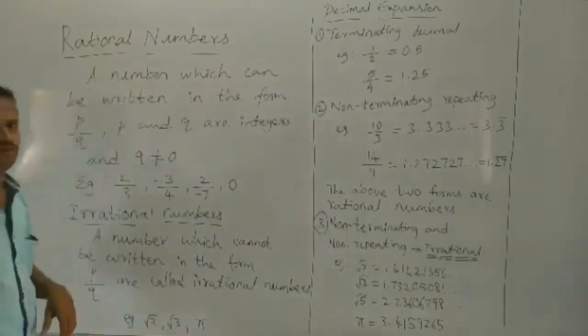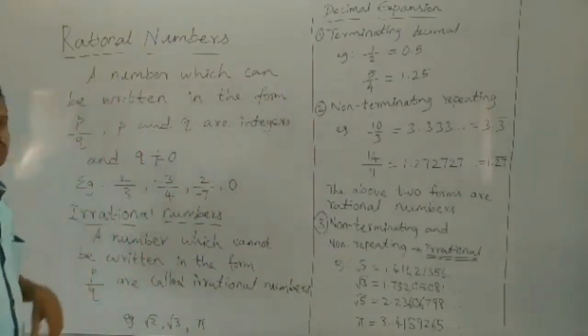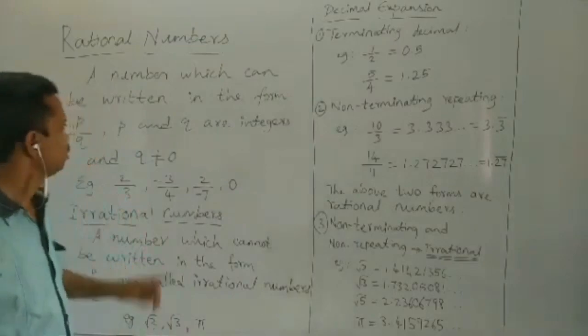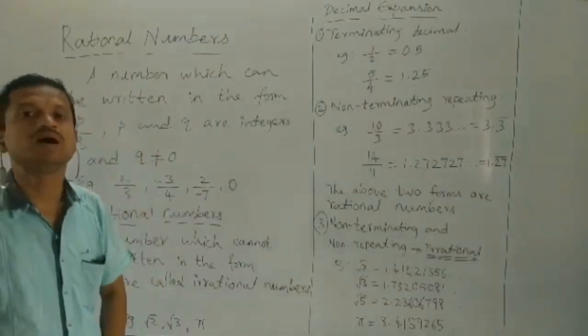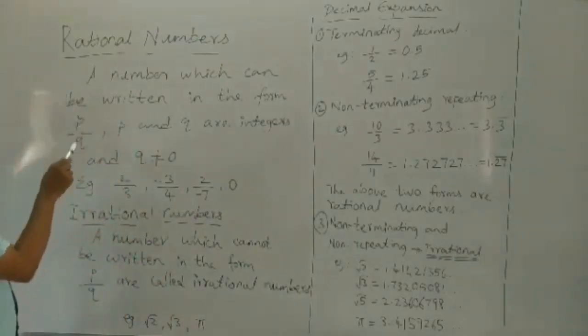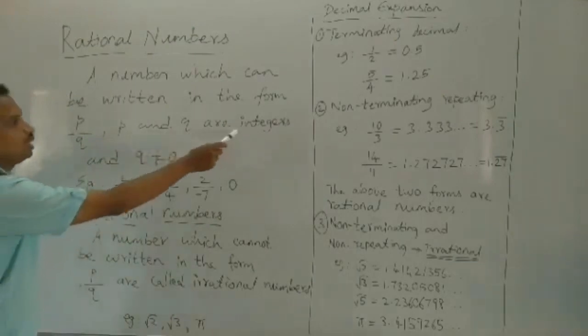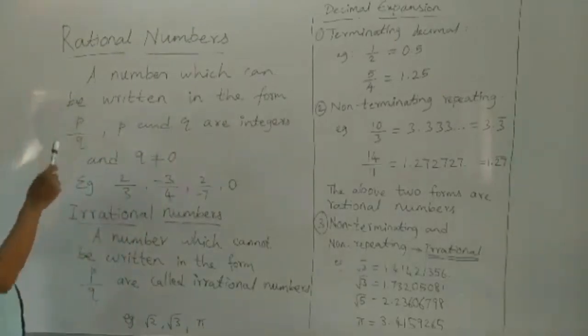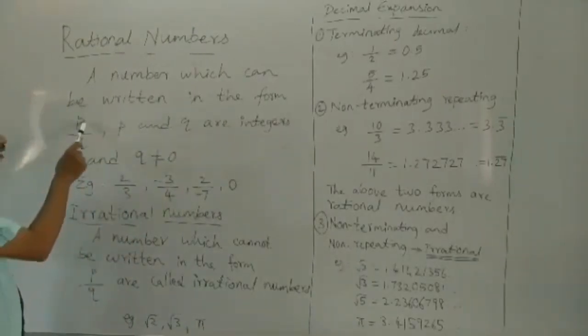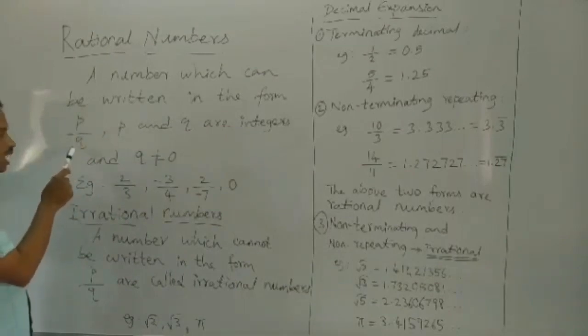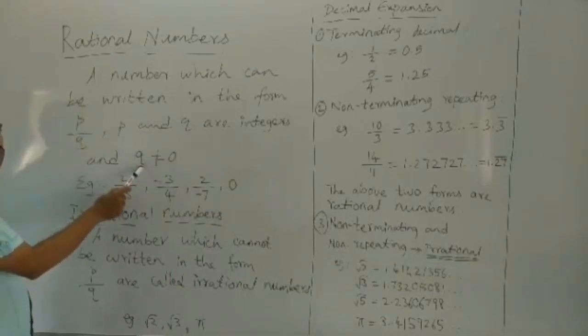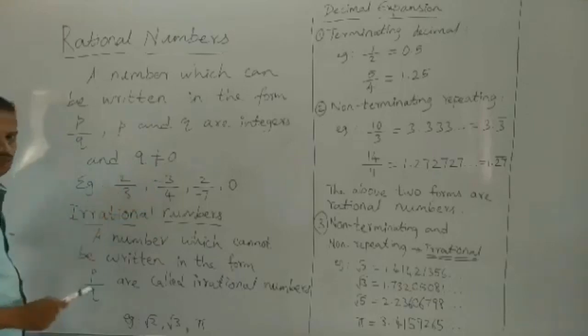Now, the definition of rational numbers: a number which can be written in the form P by Q, where P and Q are integers, integer by integer, and the condition is that the denominator Q is not equal to 0.